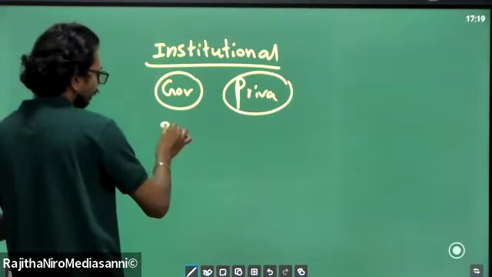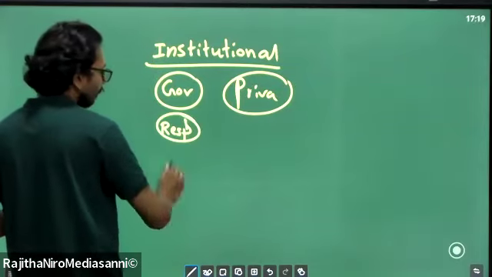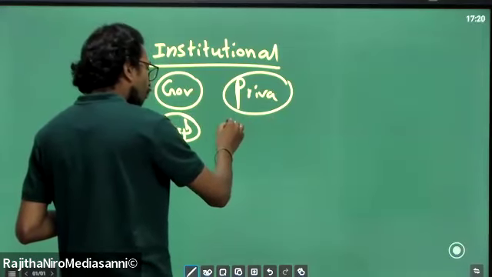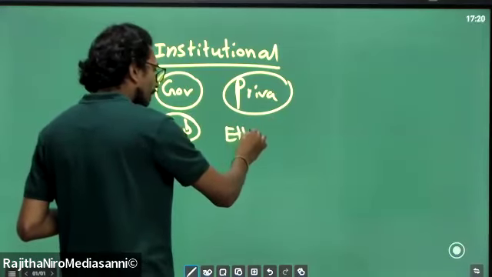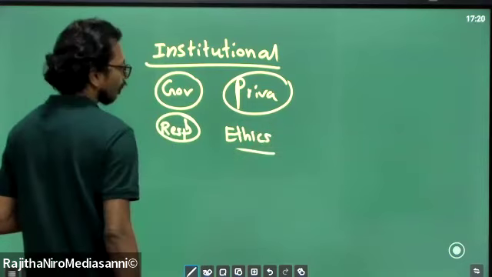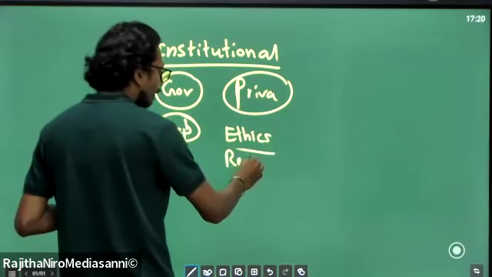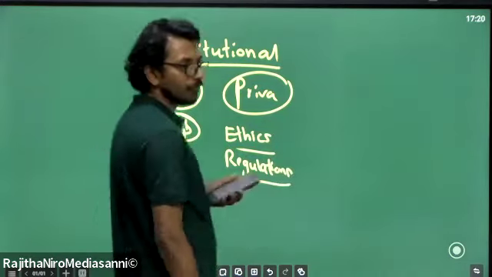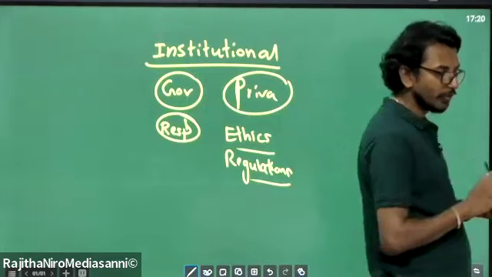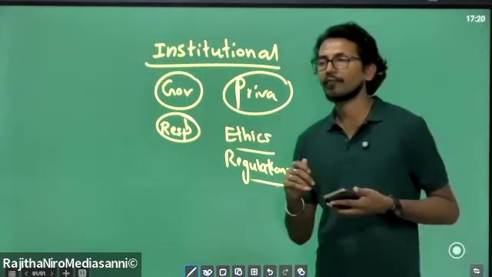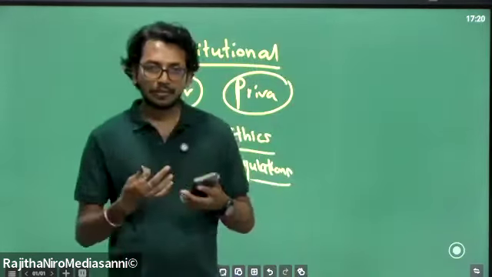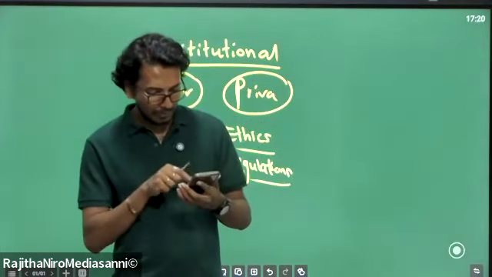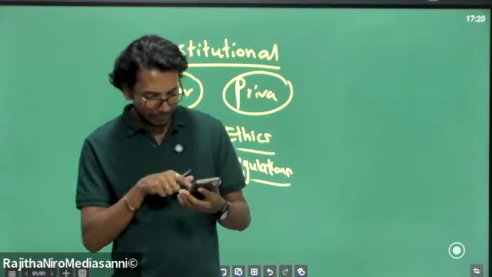Responsibilities. And government and private all have to follow what? Ethics. And some regulations also. Without ethics and regulations, they can't do anything inside the institutions. That is the idea, and we have to think about that idea here.